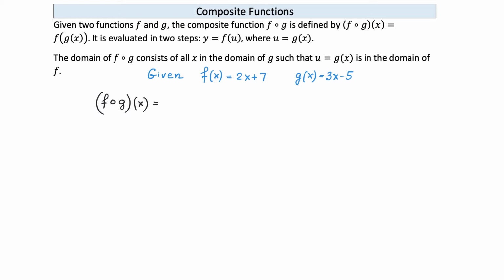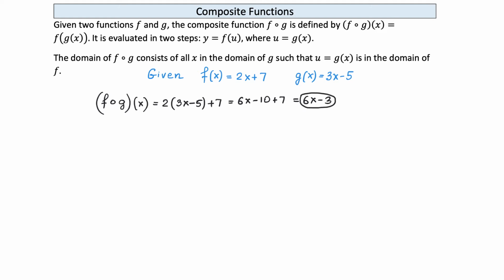So all this equals to 2, in place of x we will write the g function, 3x minus 5, then plus 7. We can also simplify this and get 6x minus 10 plus 7, which is 6x minus 3.